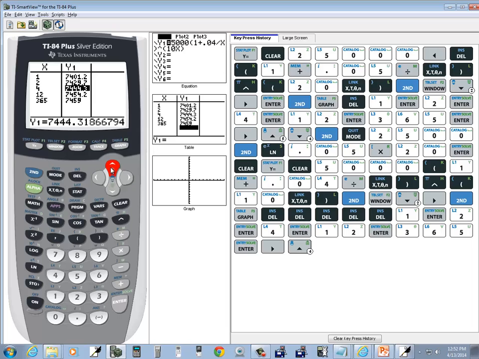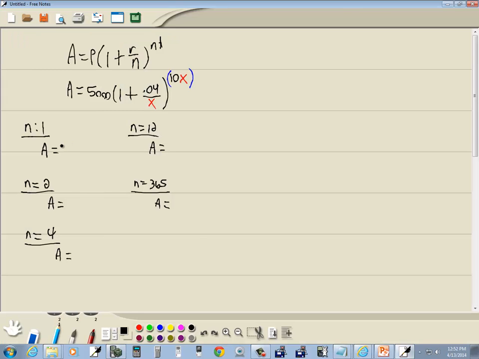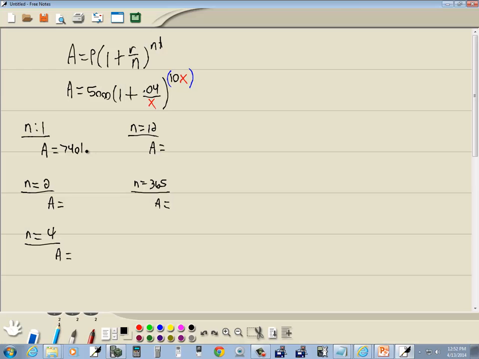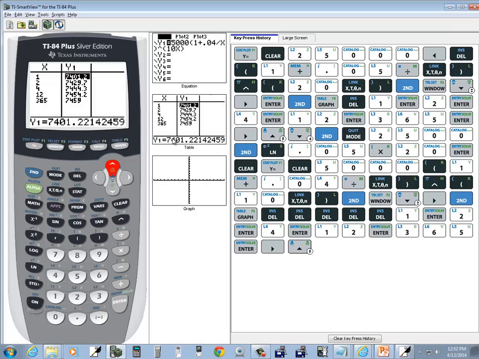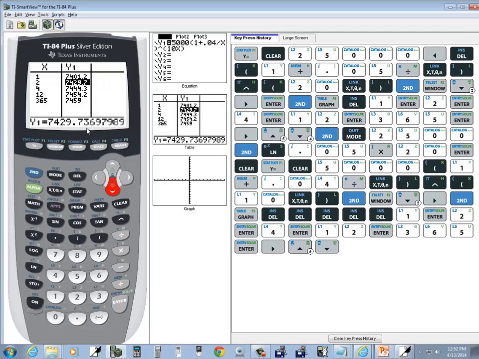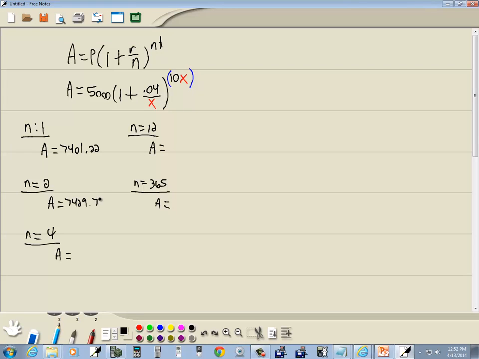Now I'm going to do a right arrow and then up arrow because I want to be in the Y column so I can see all the decimal places. So I come up to the first one here, and this will be 7401.22. I'm looking at the bottom of the screen to see the decimal places. Down arrow, this is 7429.74, rounded to 2 decimal places.